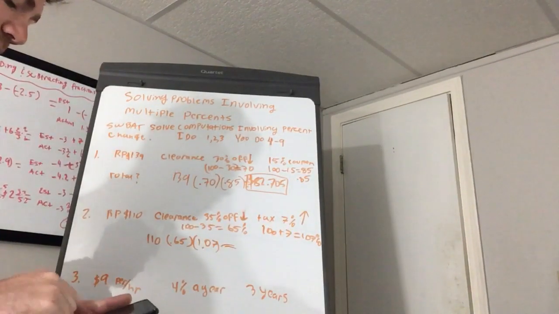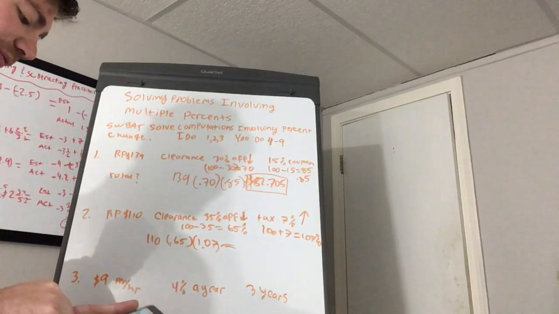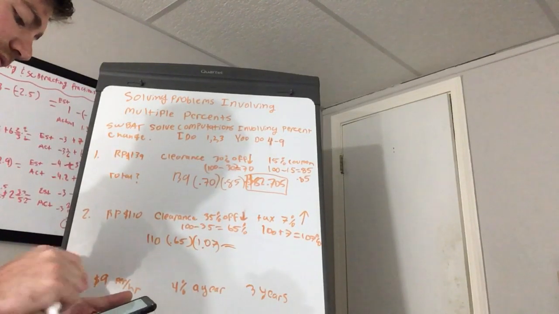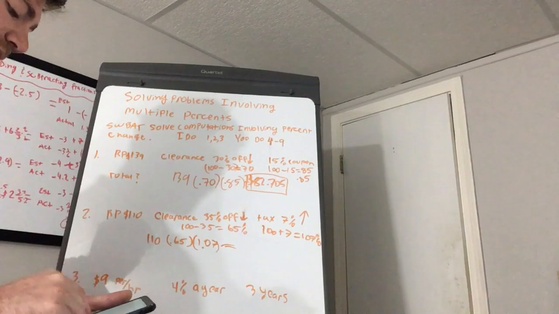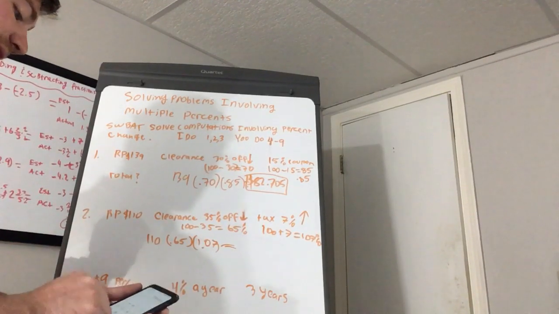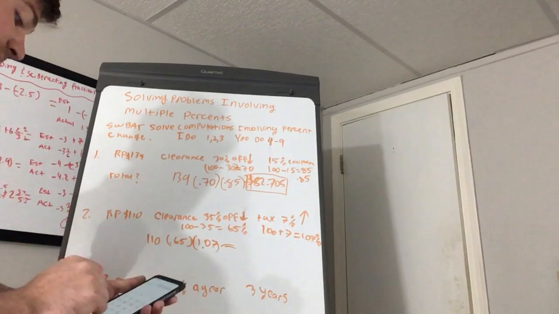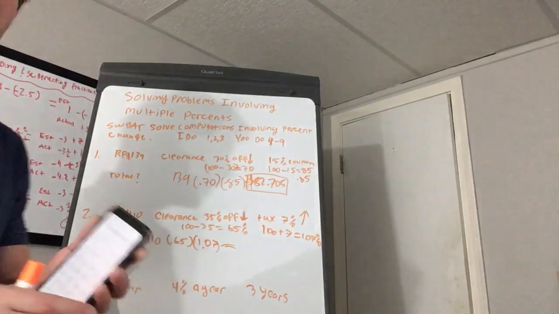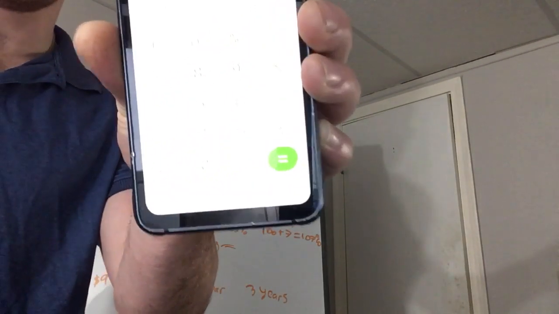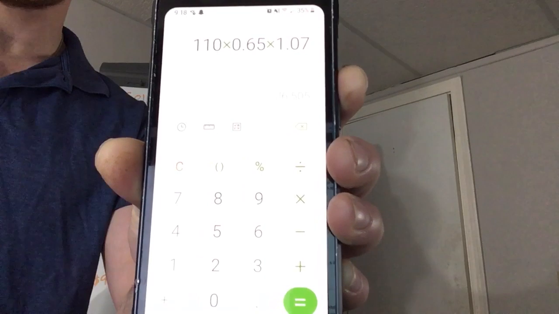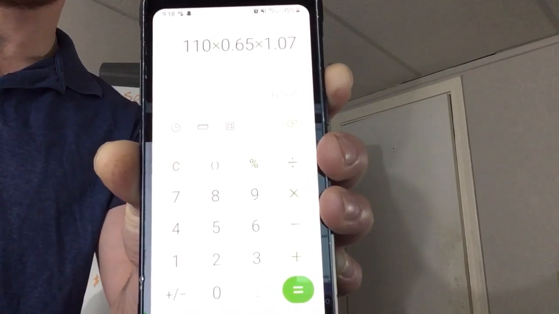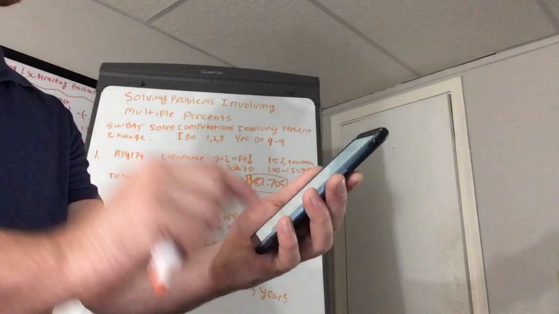So take 110 times 0.65 times 1.07. And just for clarification, this is what you type in. Press equal.